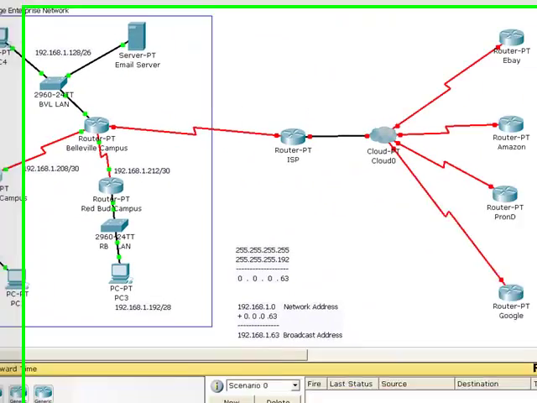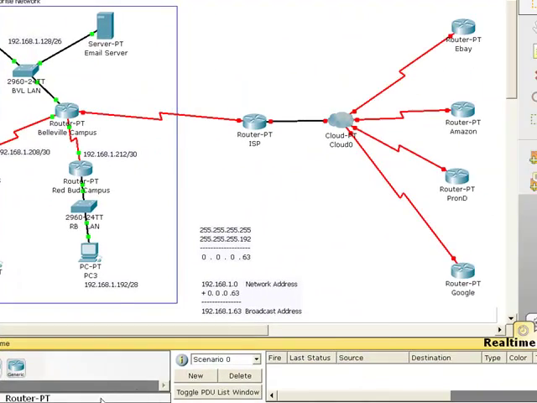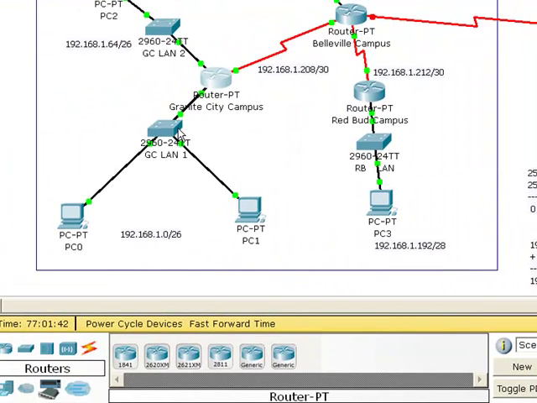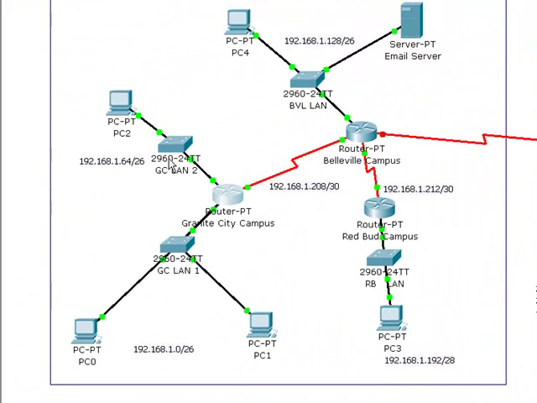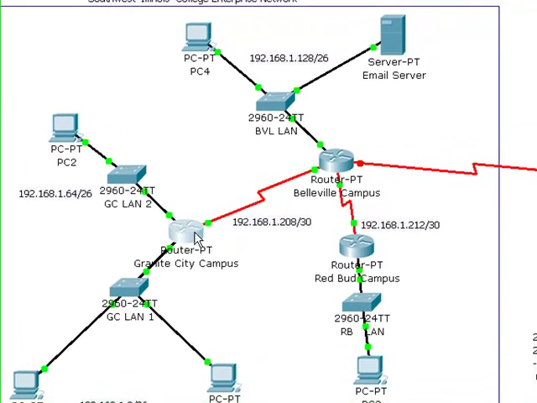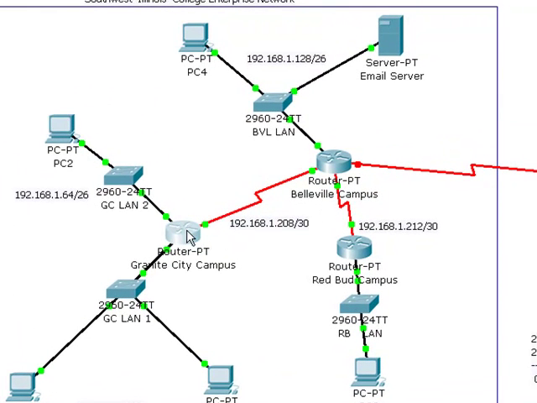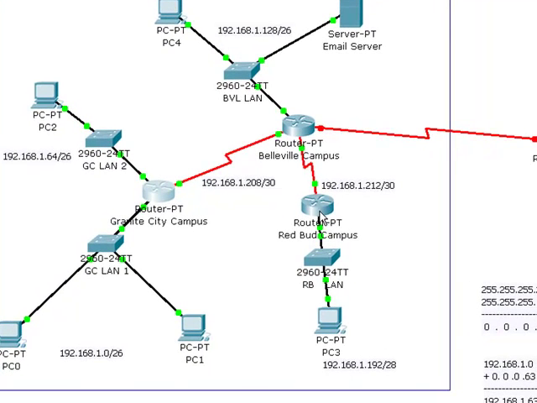So in our example, our Granite City campus LAN 1 and LAN 2 need to be connected to the Belleville and Redbud campus LANs. So with static routes, we told the Granite City campus how to get to the Belleville LAN and how to get to the Redbud LAN.